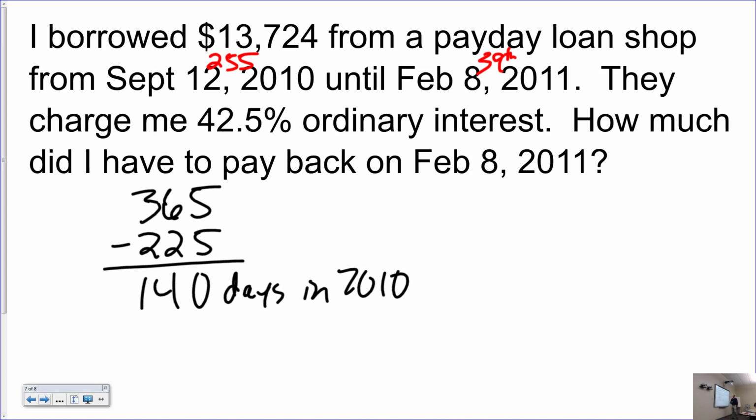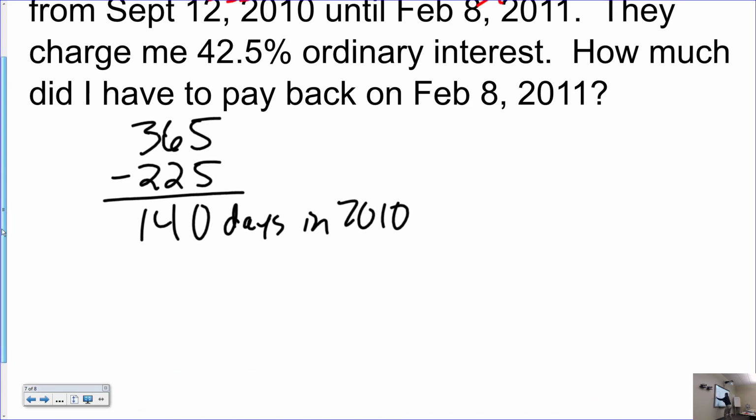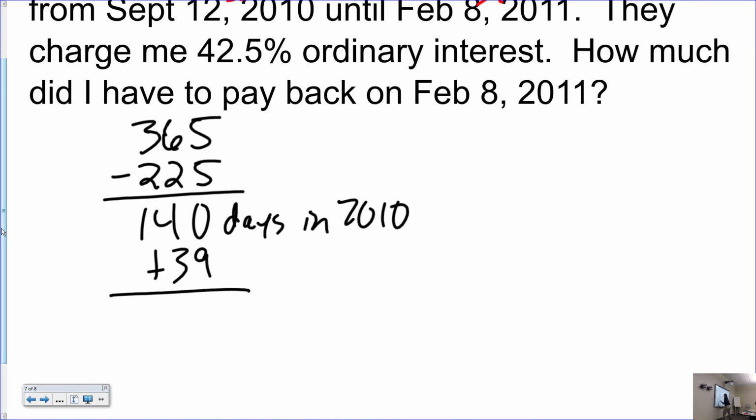So there are 140 days in 2010, and then how do you add the 2011 days? Yeah, add them. Nice thing about that is that then you just add the 39.